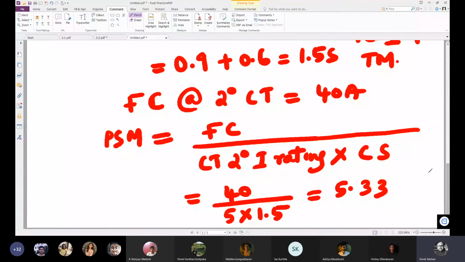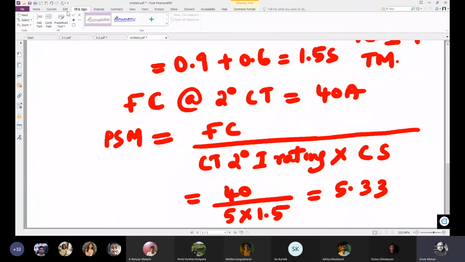Now for 5.33 we have to find the time from the plot, right?